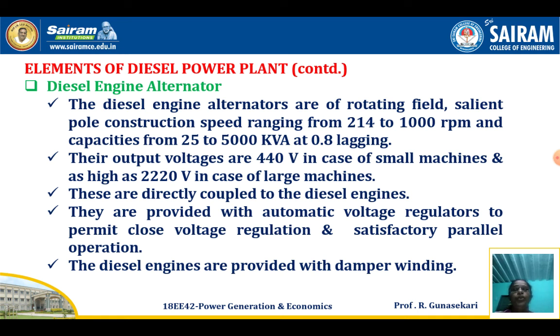Their output voltages are 440 volt in case of small machines and as high as 2220 volt in case of large machines. These are directly coupled to the diesel engines. They are provided with automatic voltage regulators to permit close voltage regulation and satisfactory parallel operation. The diesel engines are provided with damper winding.